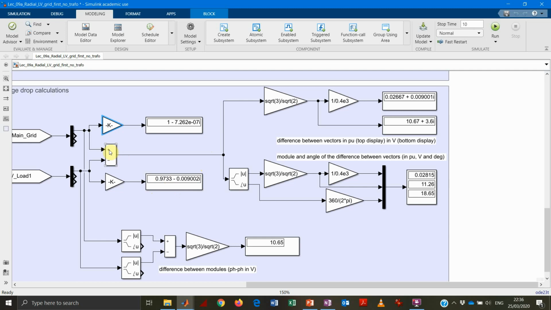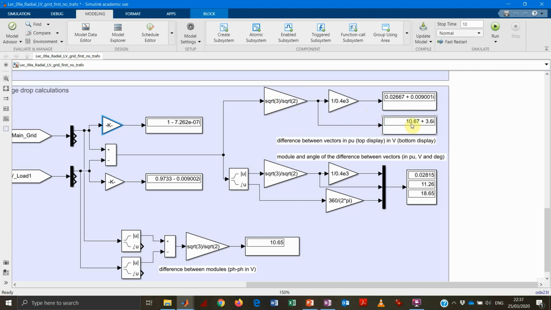So I can just do the difference between these two complex numbers, and then I can get their difference in terms of per unit. I can get their difference in terms of voltages, keeping in mind that I am taking a phase to ground, dividing by square root 2 because I want the RMS value, multiplying by square root 3 because I want the phase-to-phase voltage.